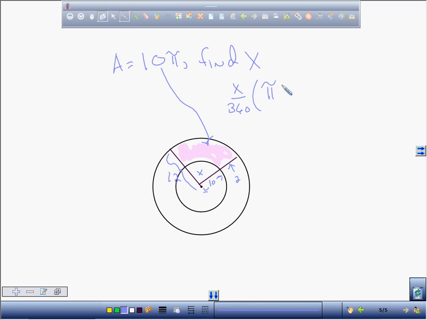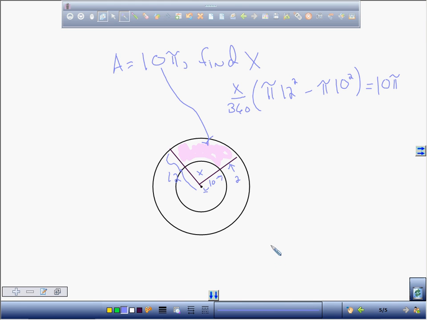What's big R squared? 12 squared, minus pi times little r squared, which is 10, equals 10 pi.